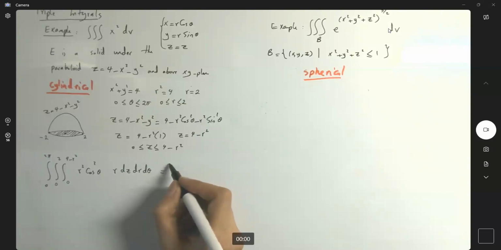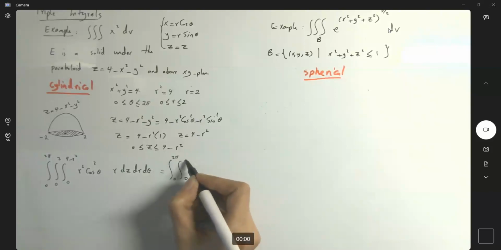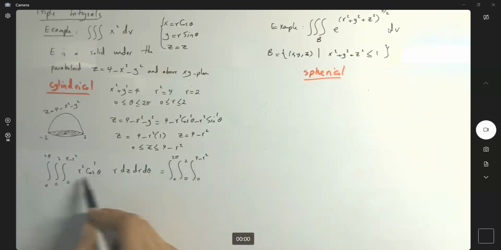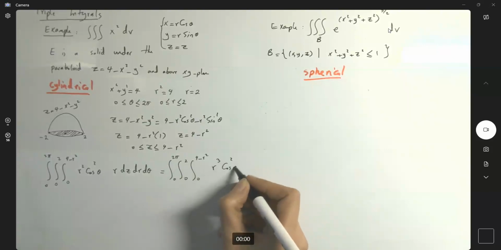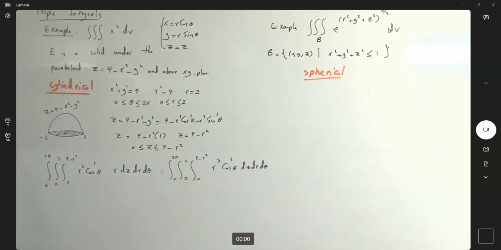Can I simplify this more? I get the integral from 0 to 2 pi, 0 to 2, and 0 to 4 minus r squared, of r cubed cosine squared theta dz dr d theta.